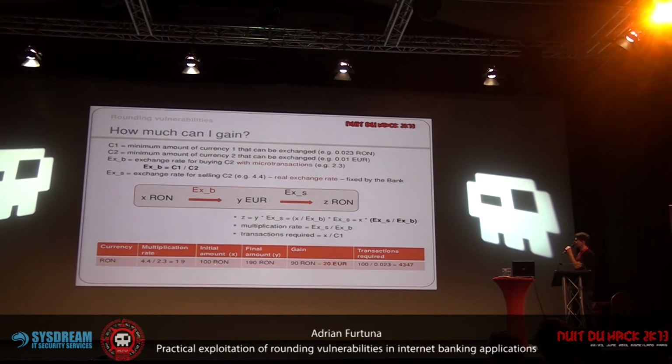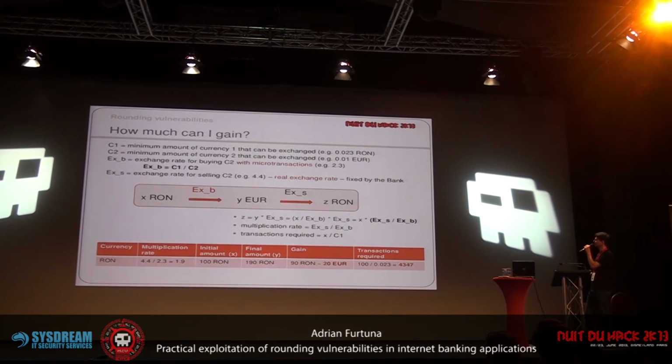Okay, so here is an example. If you have an initial amount of 100 RONs, this is about 22 euros, something like this. You can gain in this step 190 RONs.